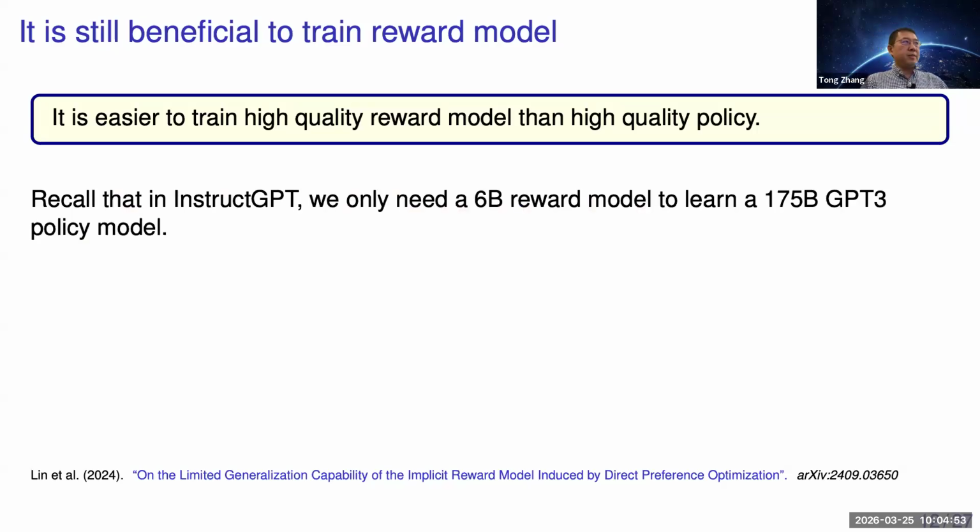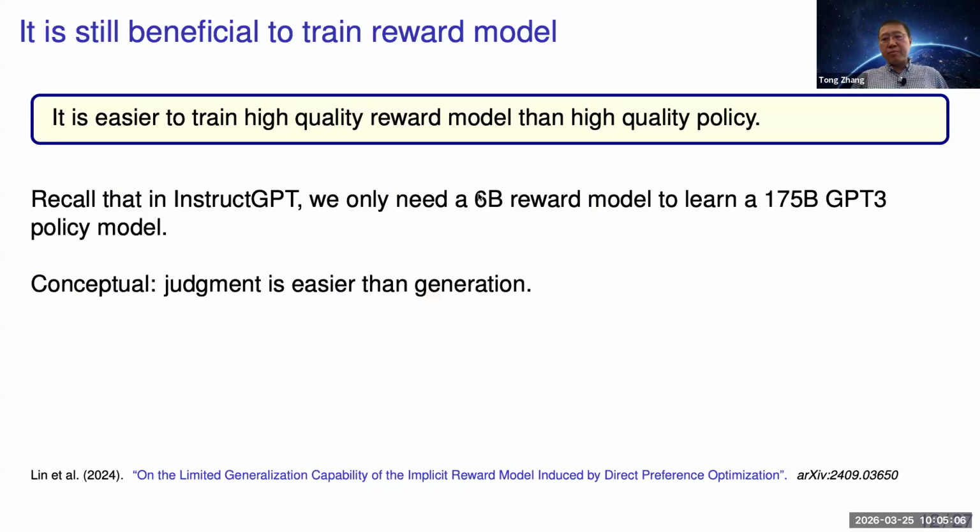That's typically the case. Recall, this is 6 billion, I forgot whether it's 6 or 8 billion. I will check back, because I always remember it's 8 billion, but maybe it's a 6 billion model. Nevertheless, it's a much smaller model than this one, because this is an easier task.